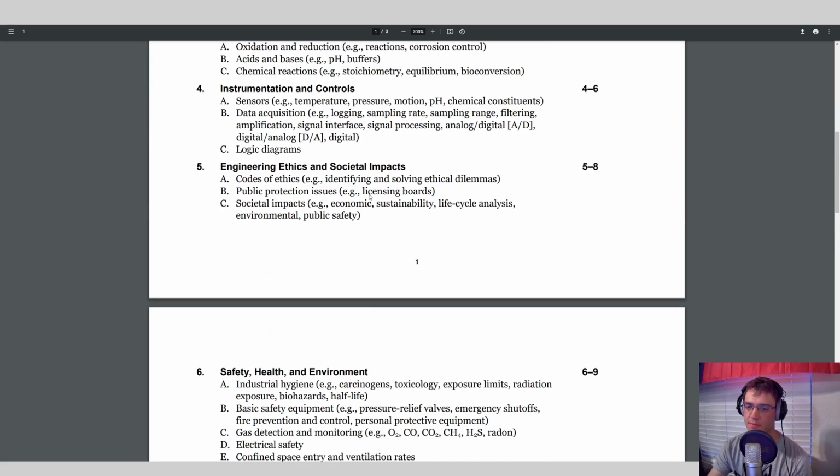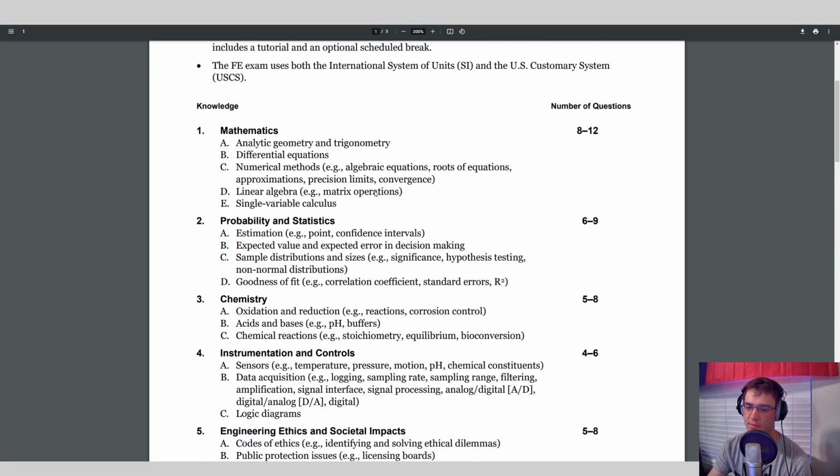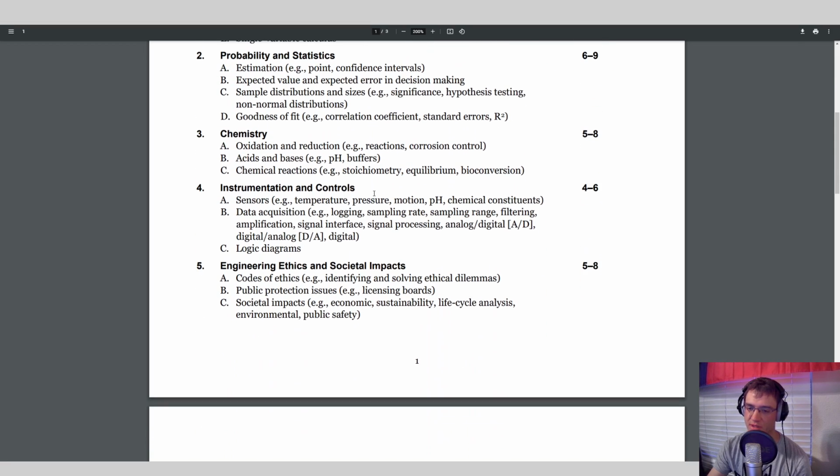Okay, so we've got the same kind of mathematics, probability and statistics, chemistry, instrumentation controls, engineering ethics.